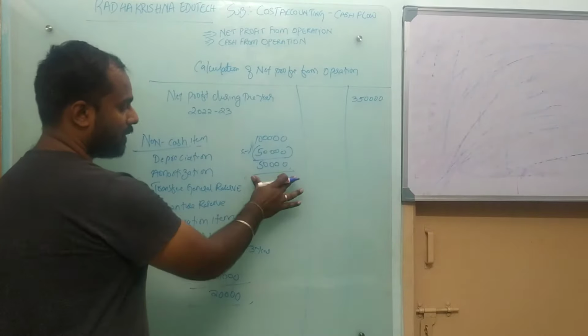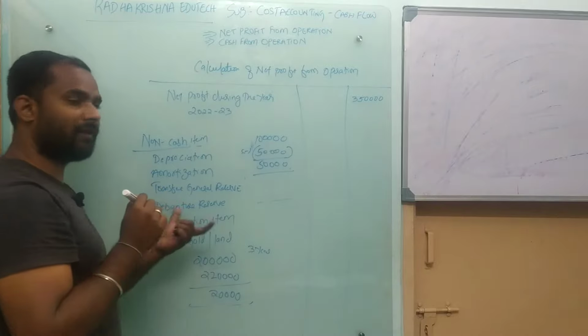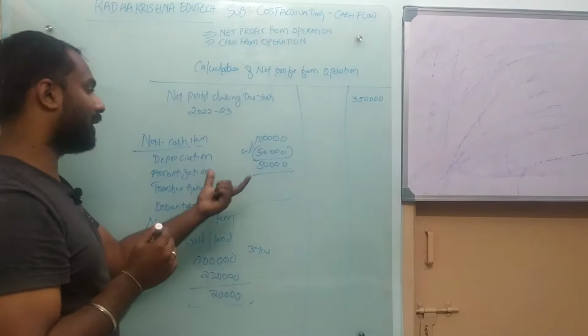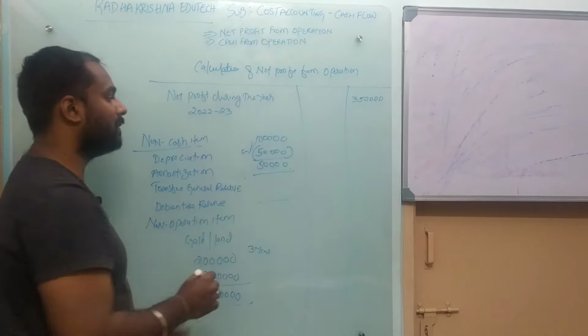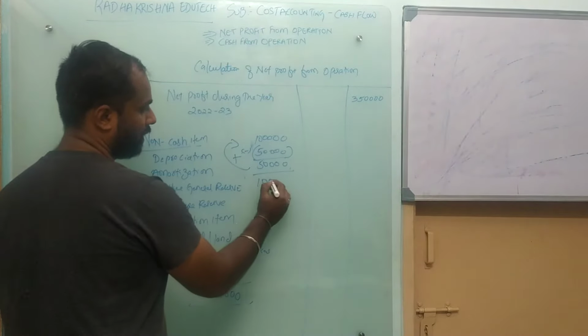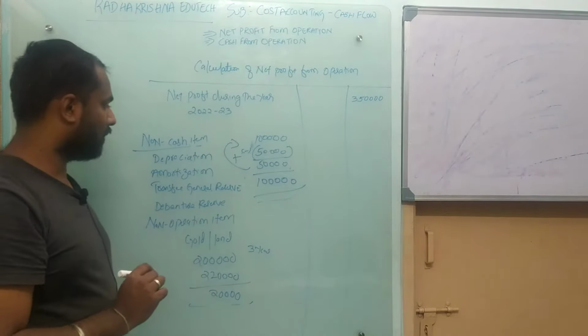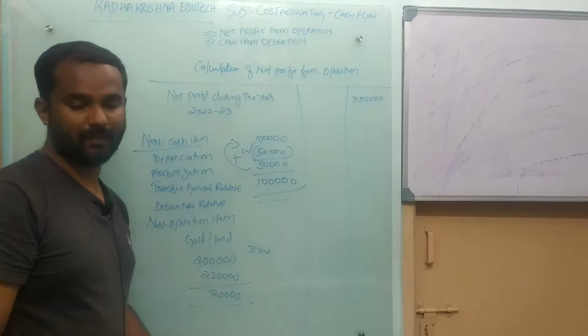This is not wrong in the net P&L statement, but while calculating the cash flow statement, we should not consider this non-operation item. So we should add it back, and your net profit will be 1 lakh only during the period. Okay, understood, right? This is how the non-operation items come in.